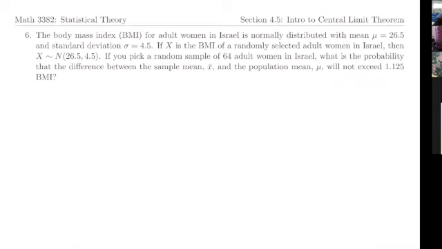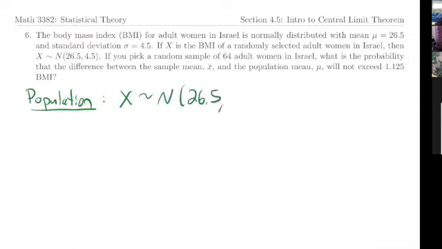So we've got a population of BMI here for women, which is normal with our usual mean and standard deviation for that.